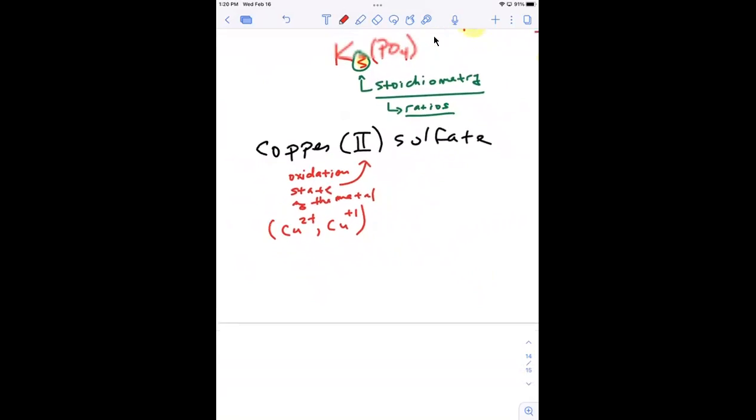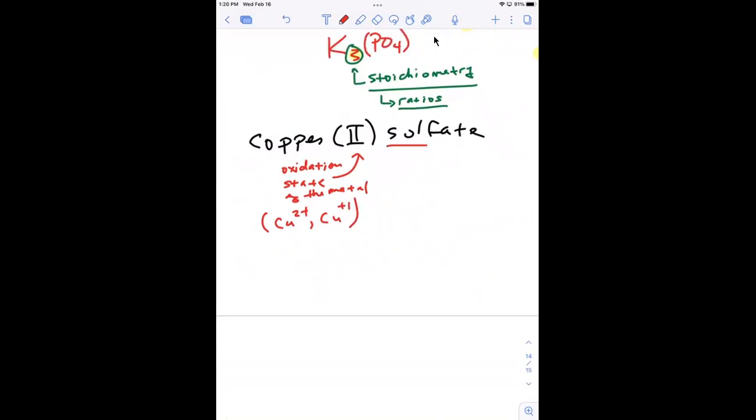So can somebody look up the sulfate anion for me and tell me what the formula is for it? Because we know that copper 2 is telling us that copper is 2 plus. If you look on that sheet with the polyatomics, the sulfate should be on the first page, I think.